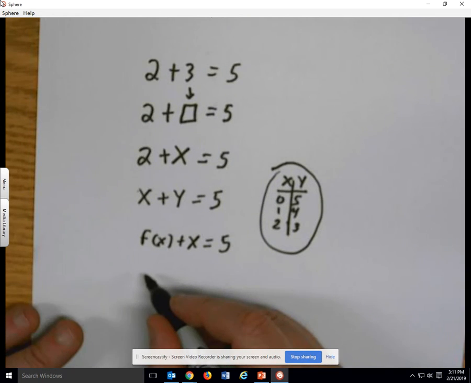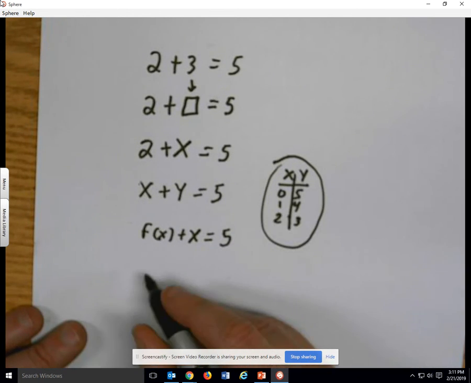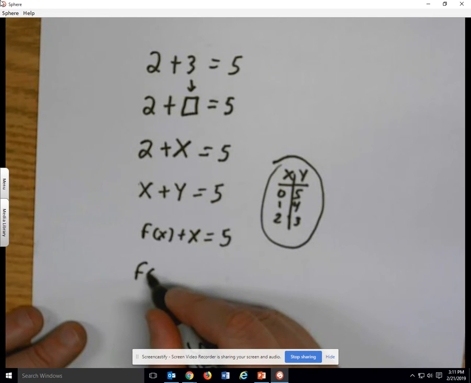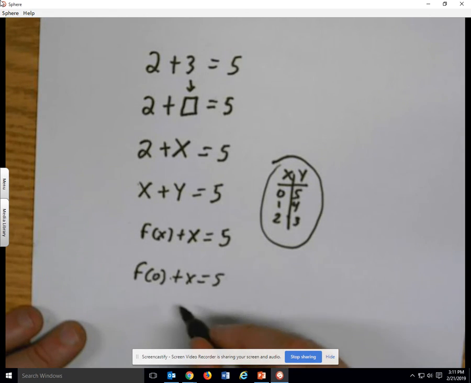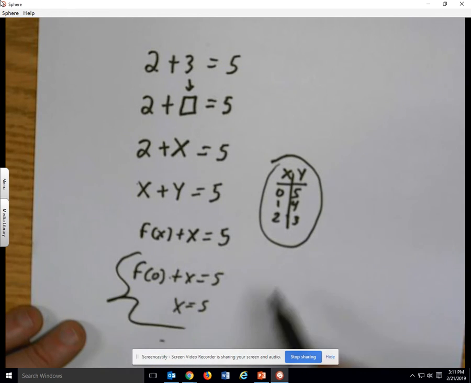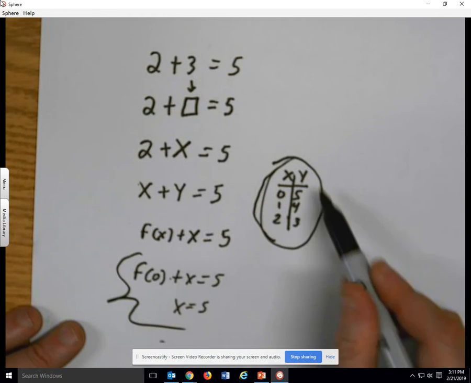You see, what do you put in the first time instead of an x? You would substitute a 0, right? So you put a 0 in its place. If f of x is 0, then x would equal 5. But it keeps track of it. Notice that this also keeps track of it.